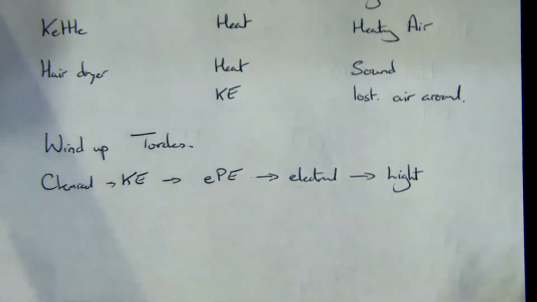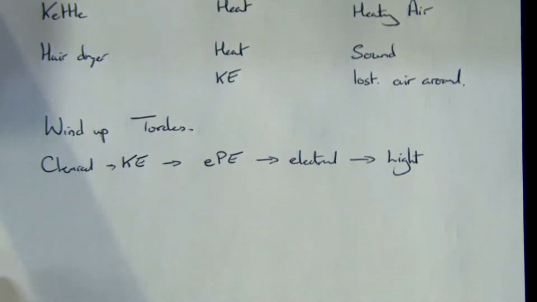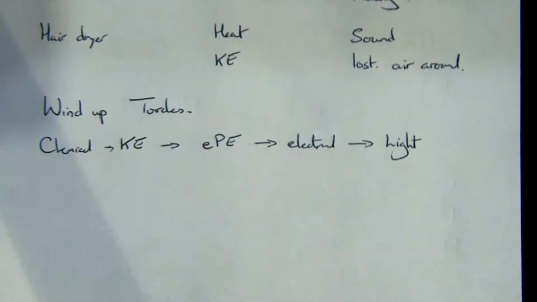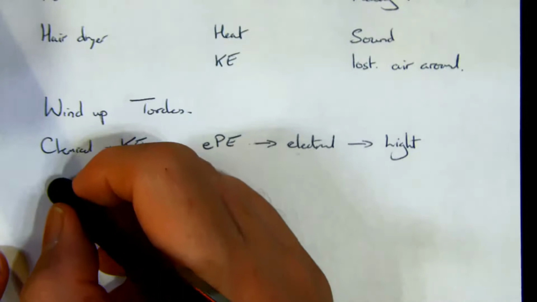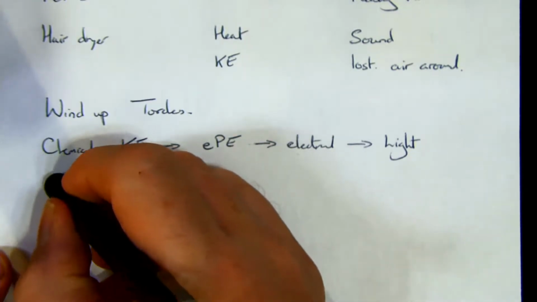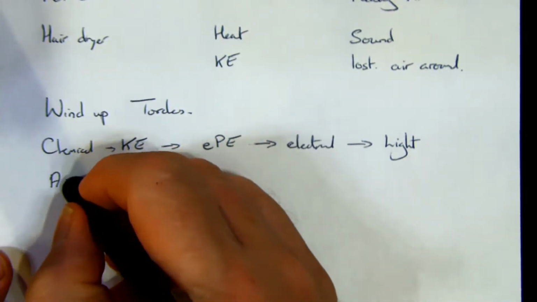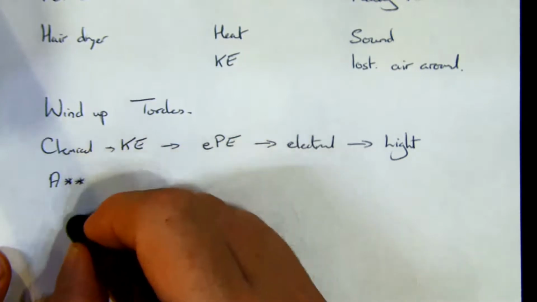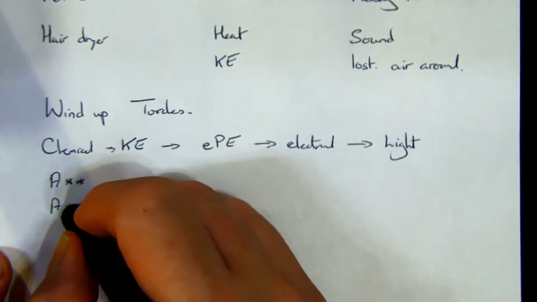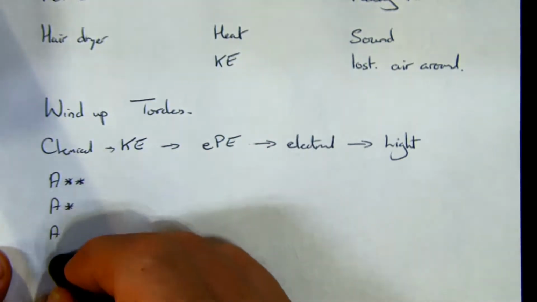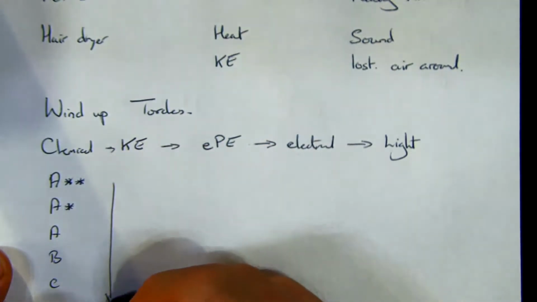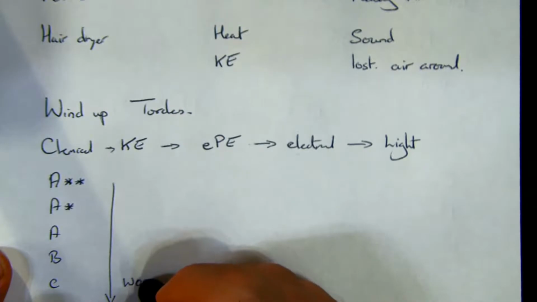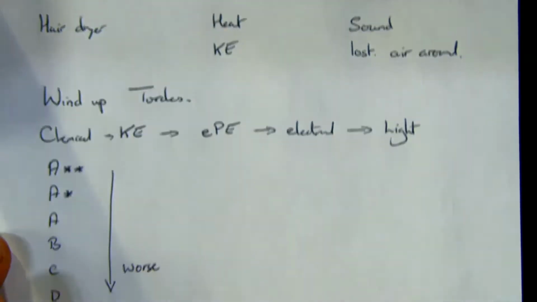So how do you choose the most efficient device? Well, one of the things that you can look at on these different devices is its rating. And we often get things like A star star, A star, A, then B, C, D, and so on, gradually getting worse.